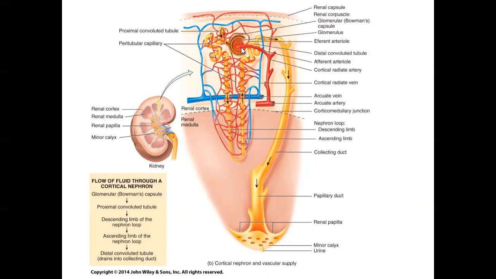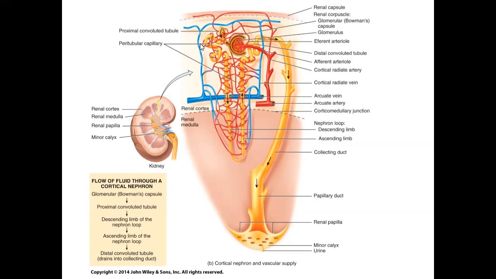Here's the efferent arteriole draining blood out. What does leave the blood forms the filtrate, which then flows into the very first segment of the renal tubule, what we call the proximal convoluted tubule, or as you'll sometimes see it listed, the proximal tubule. We call it a convoluted tubule because it's kind of a jumbled up mess, twisting and turning.